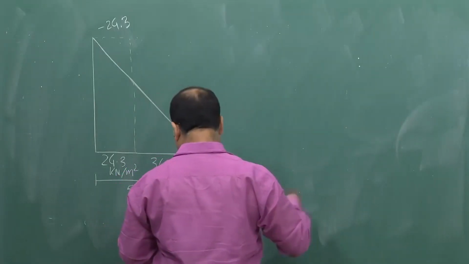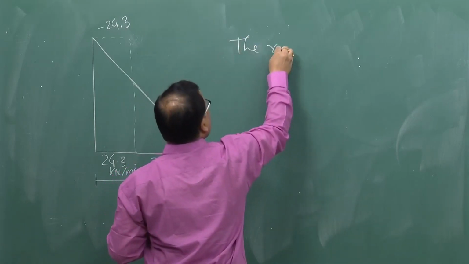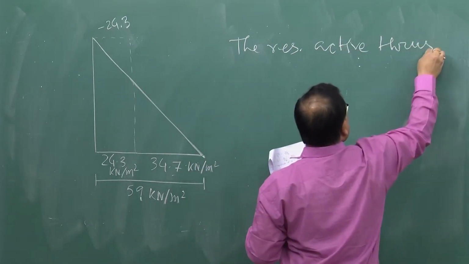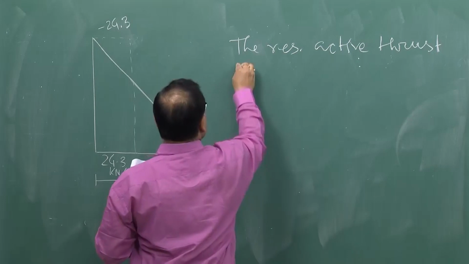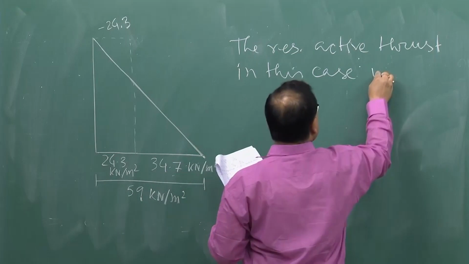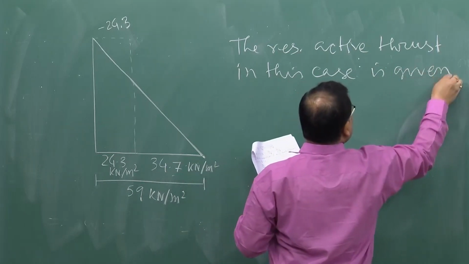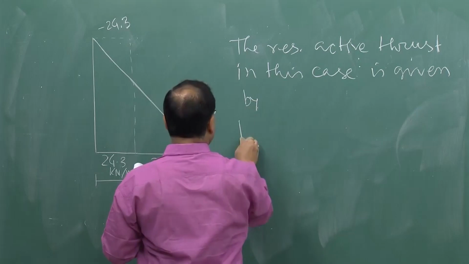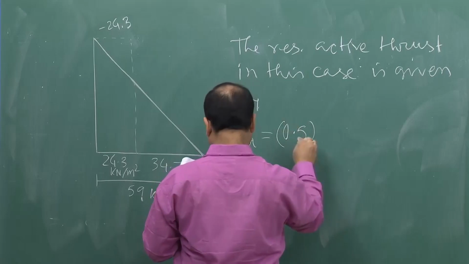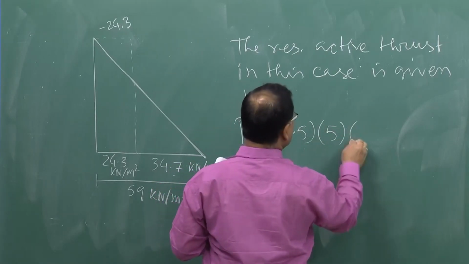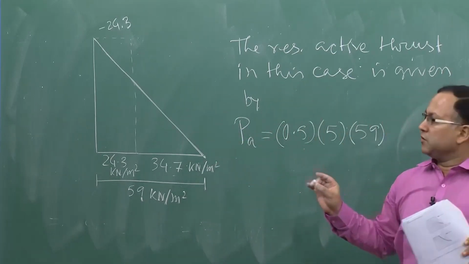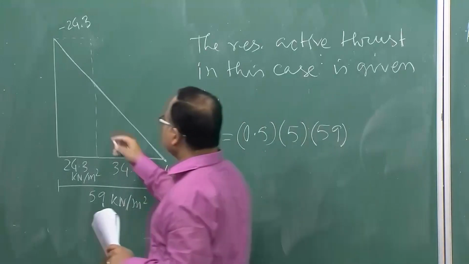So, the resultant active thrust in this case is given by PA equal to 0.5 into 5 meter into 59, because now you do not have any kind of tension, it is complete compression, complete thrust, because this is the pressure distribution now.